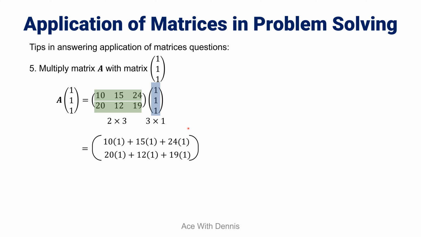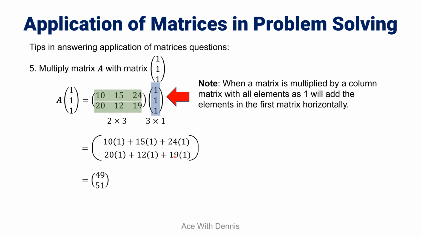We will have 20 times 1 plus 12 times 1 plus 19 times 1. And add everything together, we have matrix 49, 51. So take note that when a matrix is multiplied by a column matrix with all elements as 1, we'll add the elements in the first matrix horizontally.